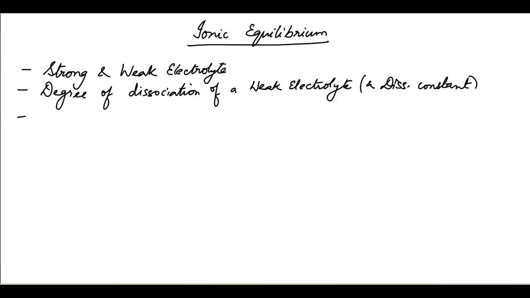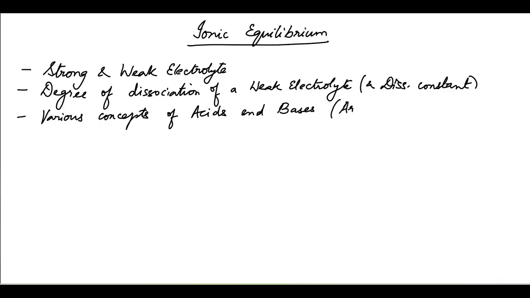Now, the third thing we will understand is various concepts related to acids and bases. We will understand concepts put forward by Bronsted and Lowry, and before that we will also understand the Arrhenius concept, and then the Lewis concept.